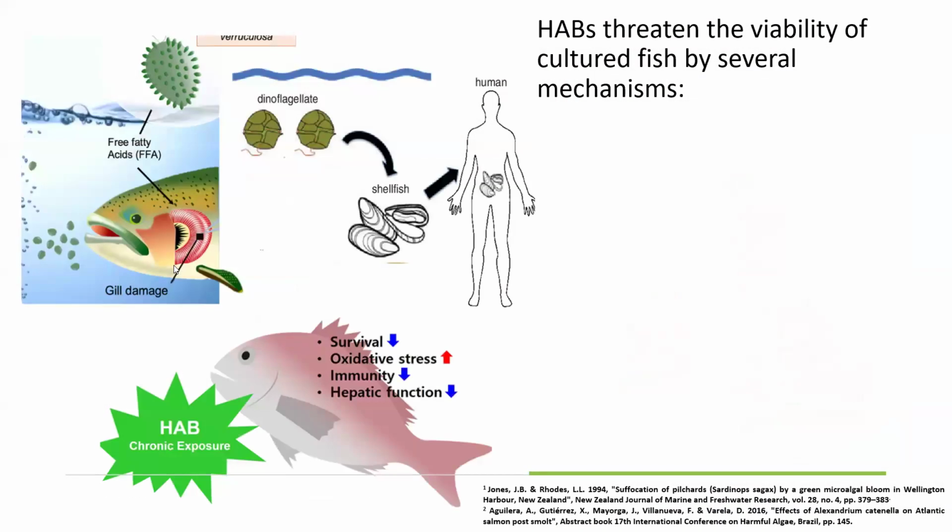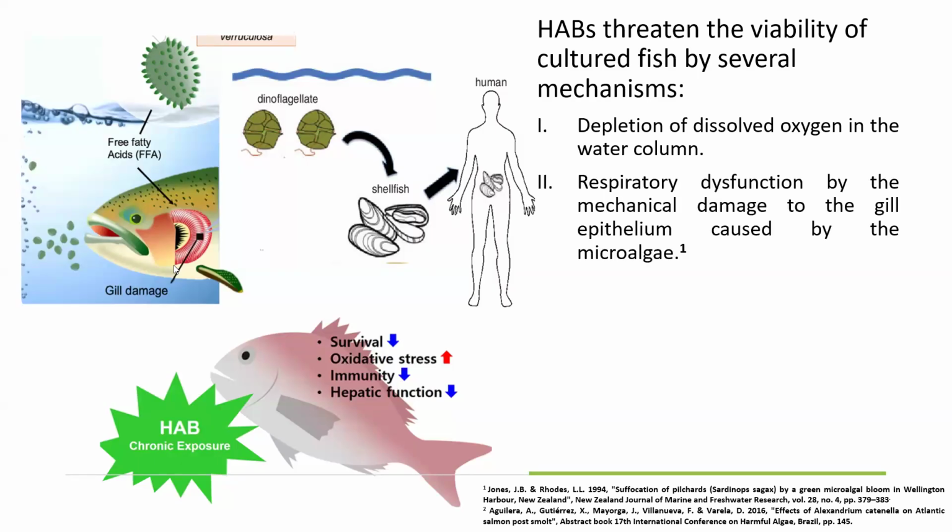Well, there are several mechanisms by which harmful algal blooms can affect culture animals and impact on the aquaculture and fisheries industry. Firstly, the rapid proliferation of non-toxic producing algae that results in the discoloration of water and produces excess foam can lead to mortality by reducing the dissolved oxygen in the water column.